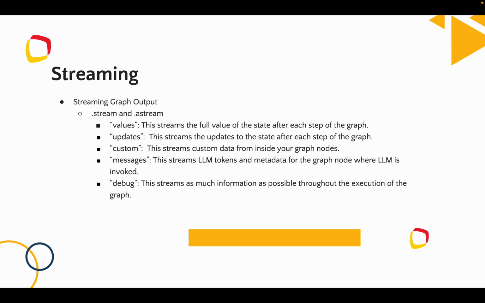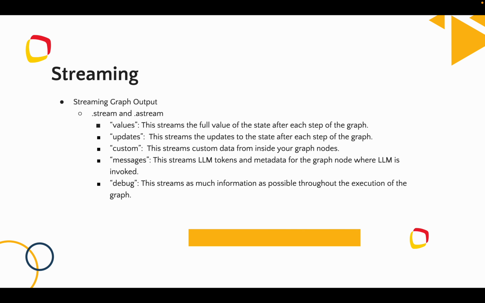LangGraph supports several stream modes. One is values mode, in which we return the full state after each graph execution. Then another is updates, in which we only send the updated values to the users. The third one is custom, so we are able to stream custom values from each node.